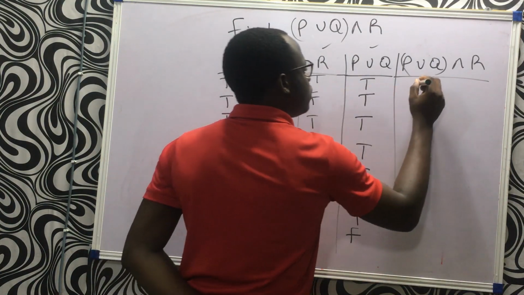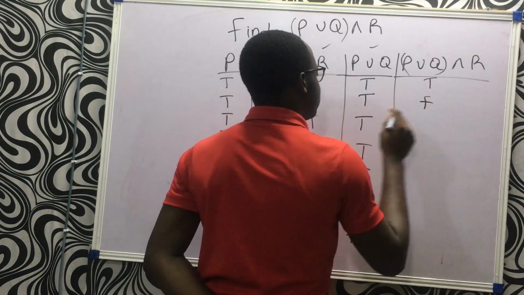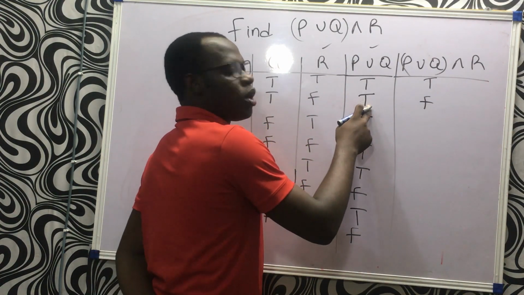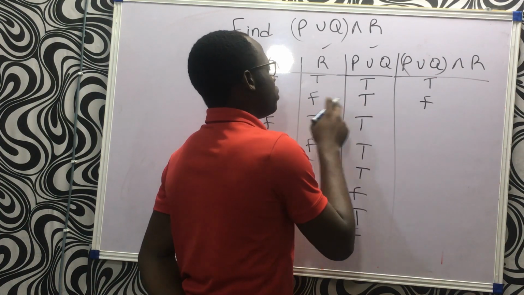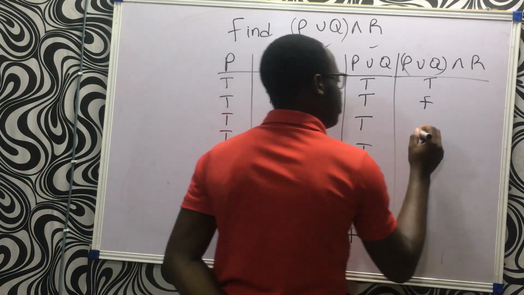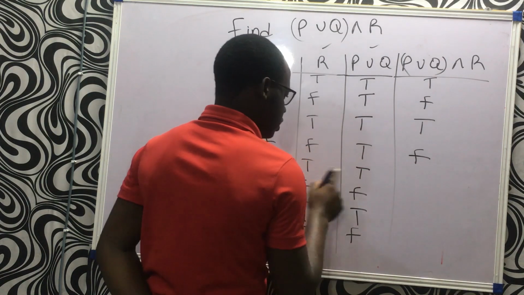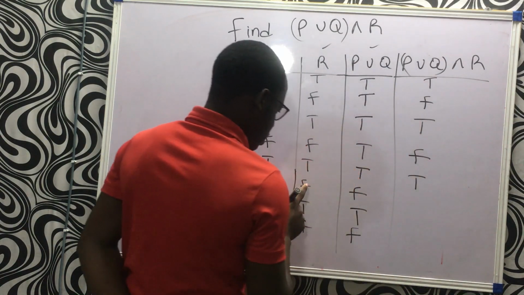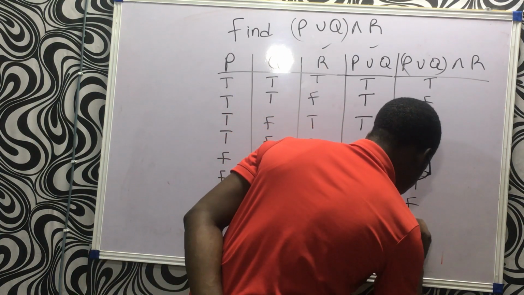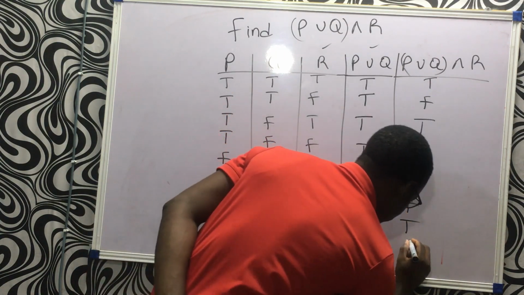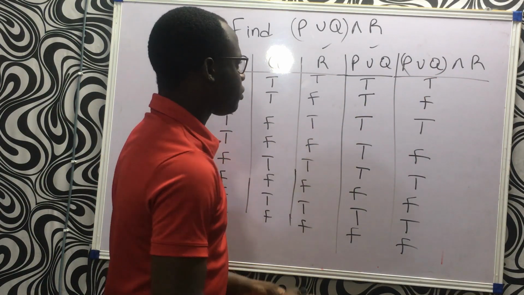T multiplied by T will give us T. T multiplied by F will give us F, where T is 1 and F is 0. So 0 multiplied by 1 will give us 0, F. T multiplied by T, T. False multiplied by false, false. So this becomes your answer.